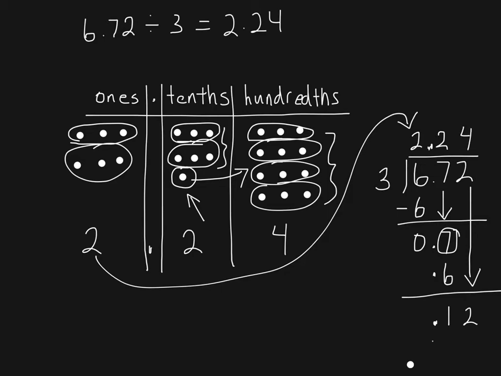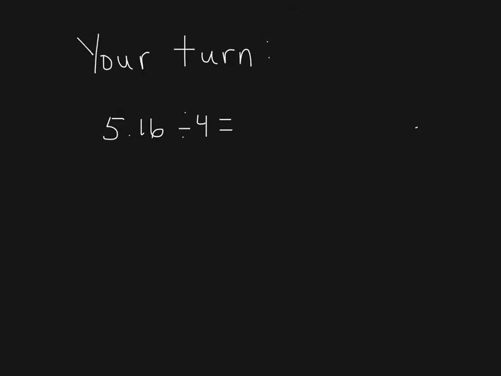And when I multiply 4 hundredths times 3, I get 12. And unfortunately, there's no room for me to write 0 at the bottom here, but 12 hundredths minus 12 hundredths is, of course, 0. So I'm finished. And I can check and see that my answer using the standard algorithm was the same as my answer using the place value chart.